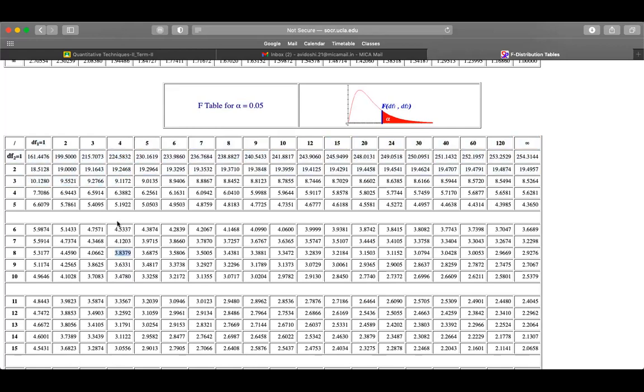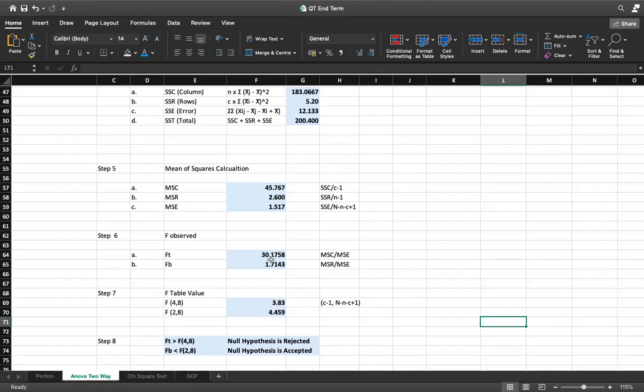So this is the value I get for 4,8, which is 3.8379. And this 2,8 is basically my R minus 1, N minus C plus 1. So these are the two values about how I got F2,8.